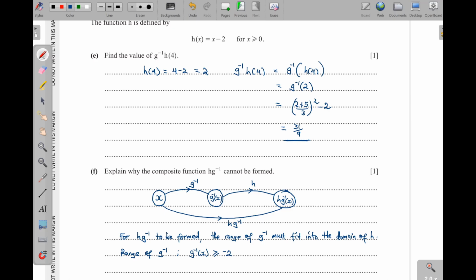Then domain of h, it is here, x greater or equal to what? To 0. Only positive values. You have a number line here, 0, and then the rest. That is where h is starting from. Then the values of x that go into h from 0, then onwards.